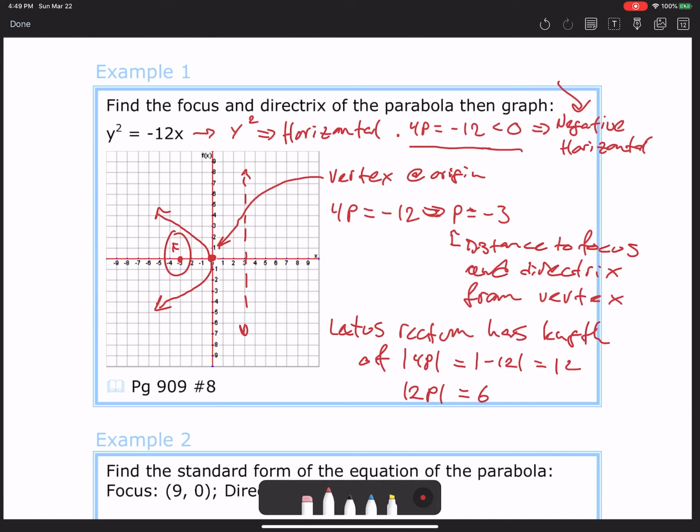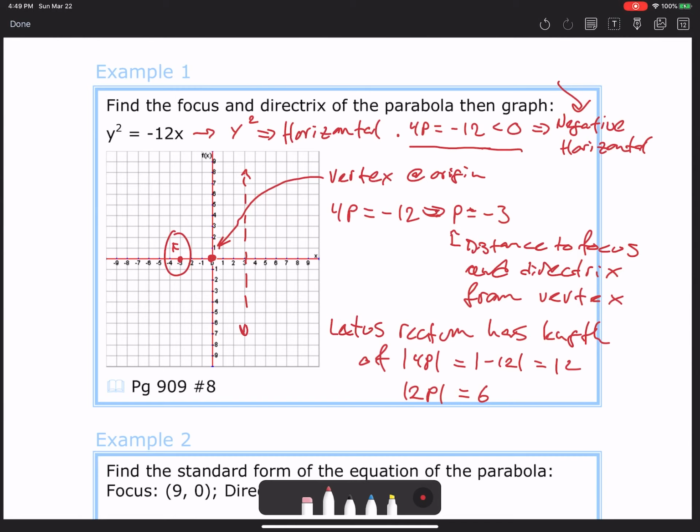Well, let me grab my eraser, and I'm going to erase the sketch that I drew of the parabola. And in order to draw it more accurately, I'm going to plot the endpoints of my latus rectum. So half of the length of my latus rectum is 6, because the absolute value of 2p is equal to 6.